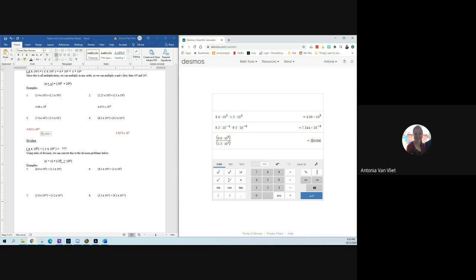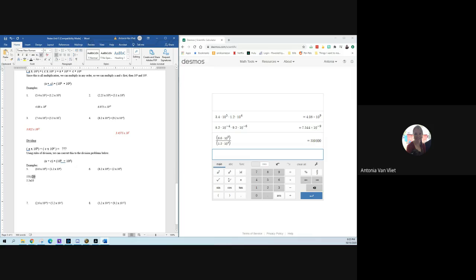Okay, now this gives you an answer in standard form, right? So this gives you 550,000, and we need to convert this into scientific notation. So what we want is the decimal point to be right here in between the two 5s. All right, so we want this to be 5.5 times 10 raised to the, and then we want to count backwards.